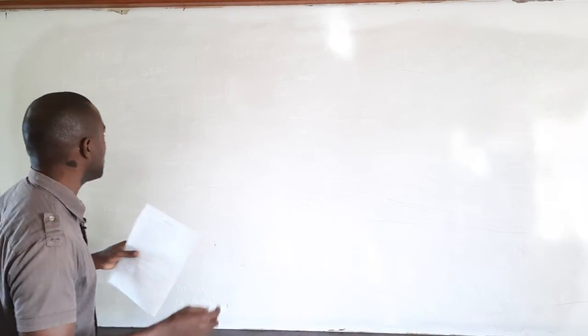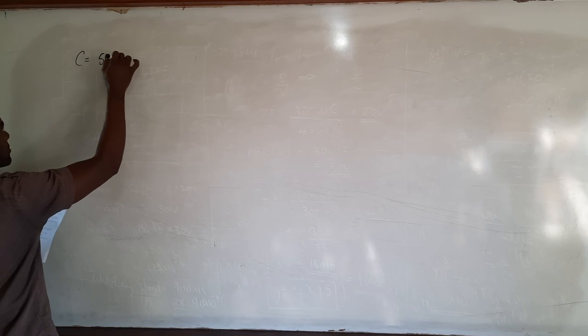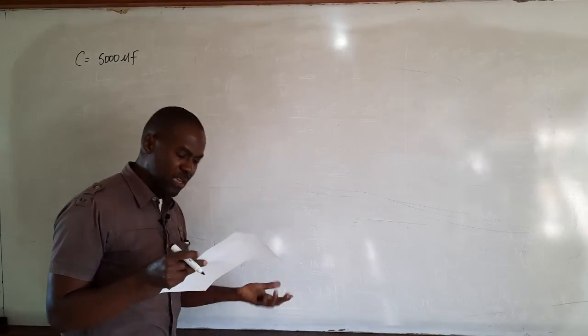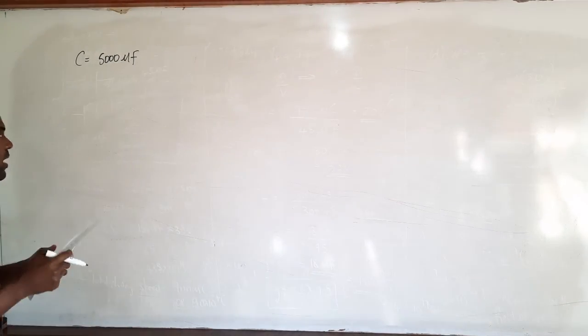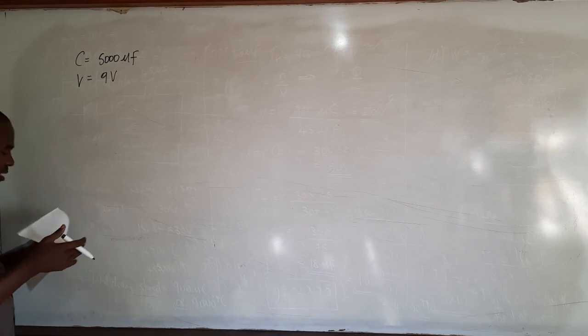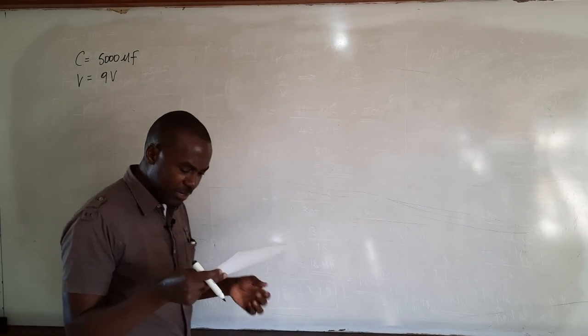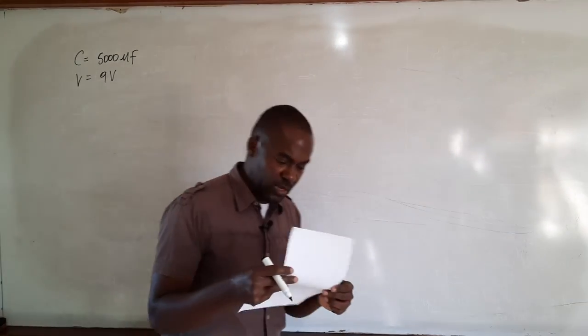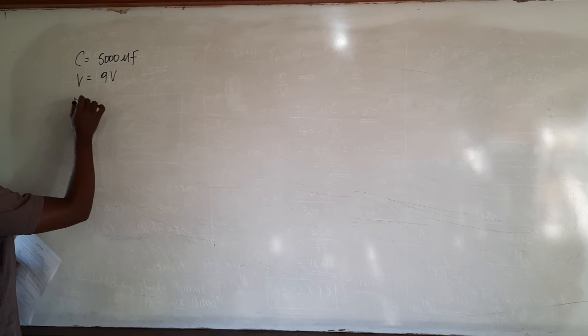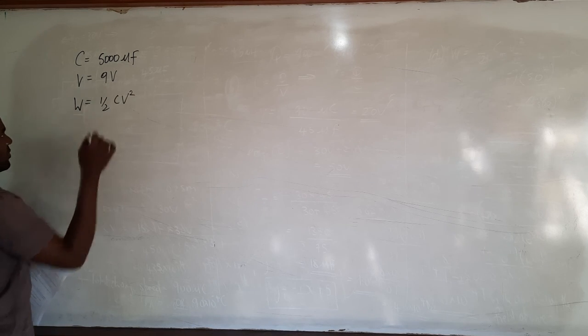So the capacitance of the capacitor C is equal to 5000 microfarads, and the capacitor charges from a 9 volt battery, so therefore V is equal to 9 volts. And they want us to find the energy stored in the capacitor. So the formula is simple, straightforward. W is equal to a half CV squared.